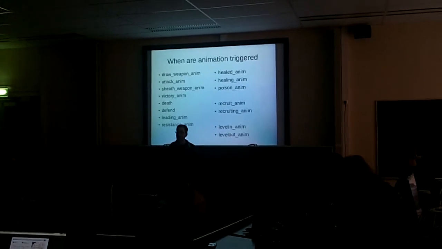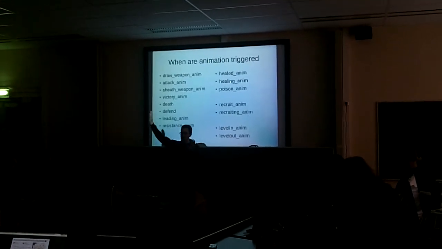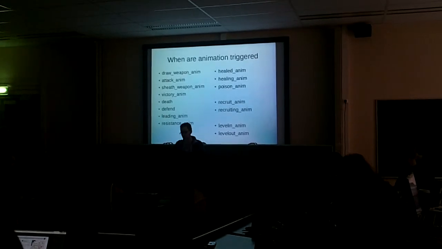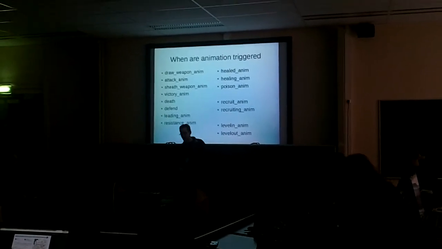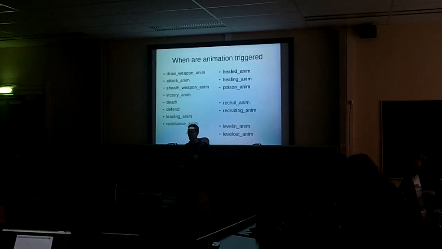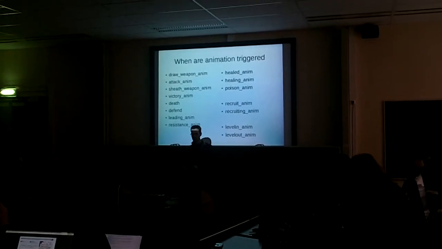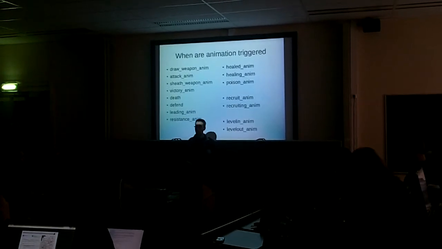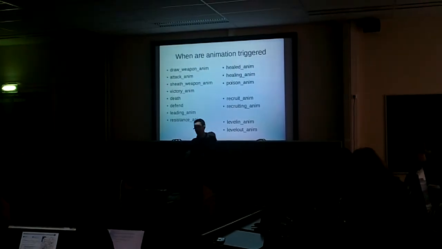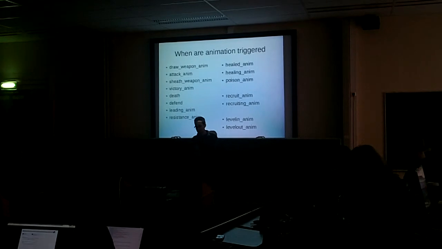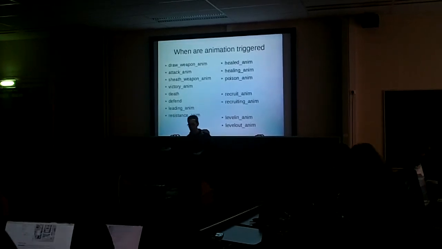Then the attack animation, which is the animation we play while the units are sliding towards each other. We have the after-attack animation, which is for the same drakes to land. Victory is played by a unit while the other unit plays its death animation. Death animation when you die.